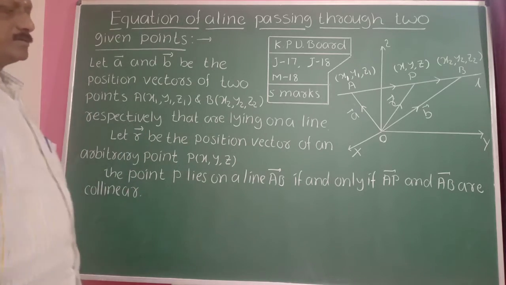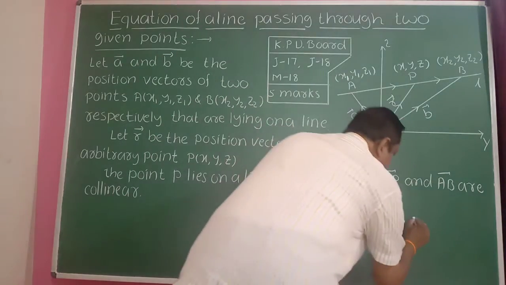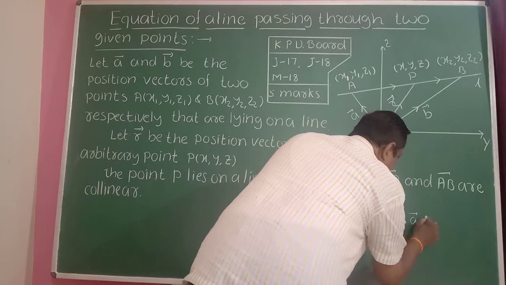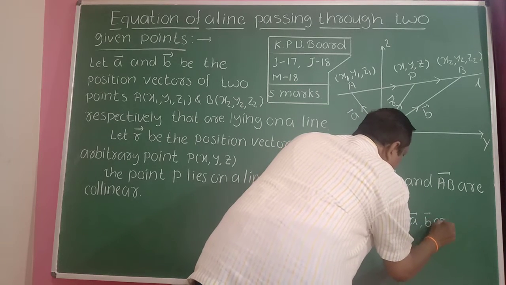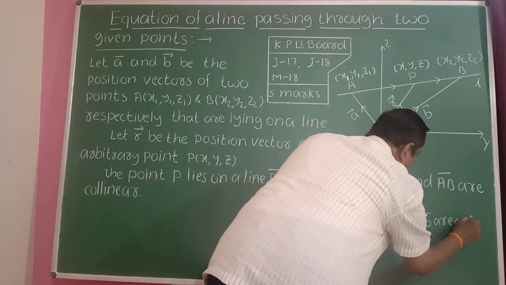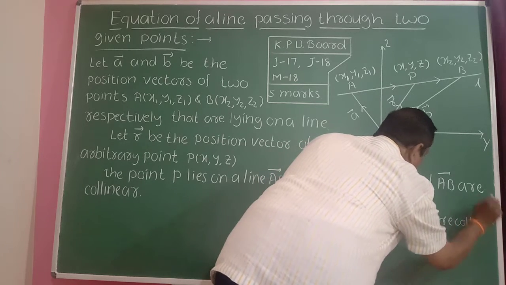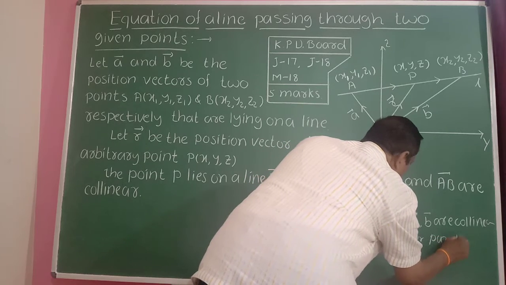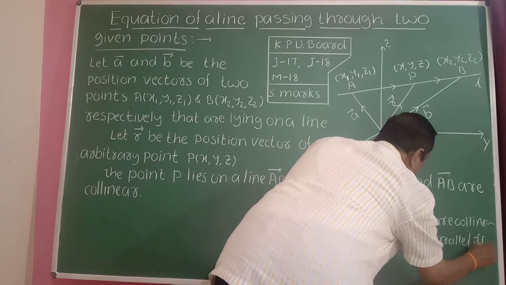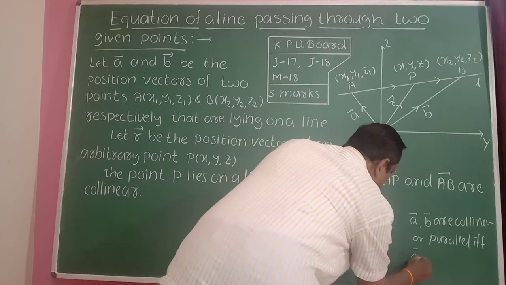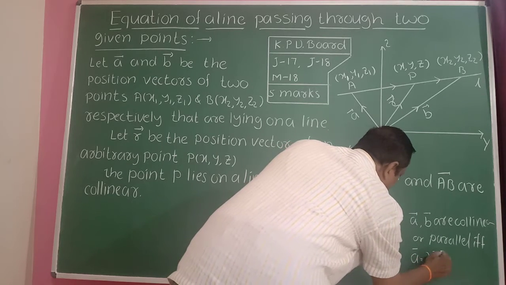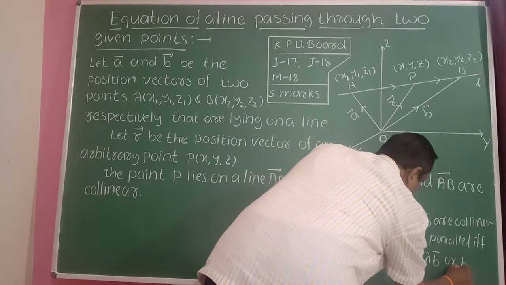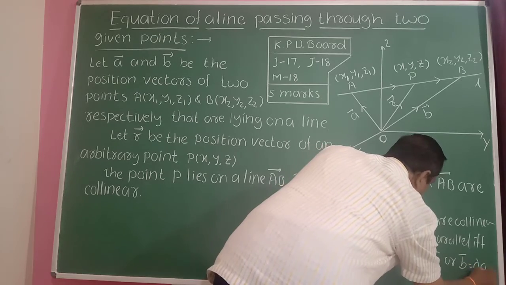Okay, so you know that vectors A bar and B bar are collinear or parallel if and only if A bar is equal to lambda into B bar, or B bar is equal to lambda into the vector A bar.